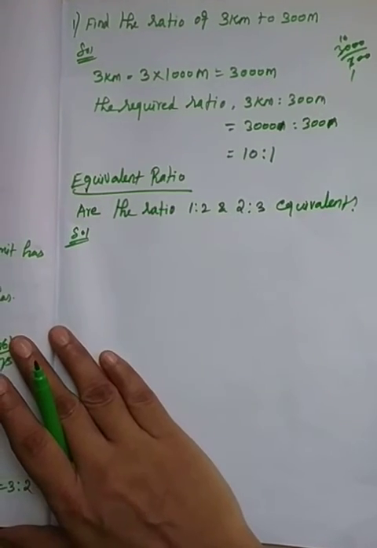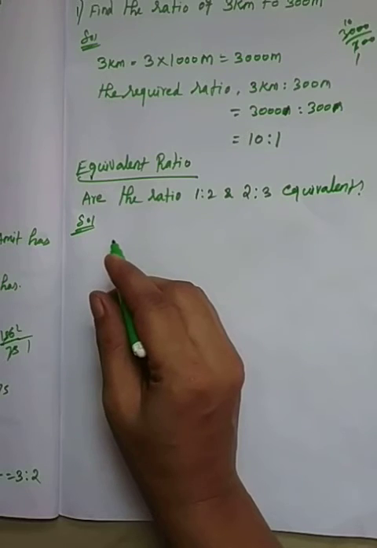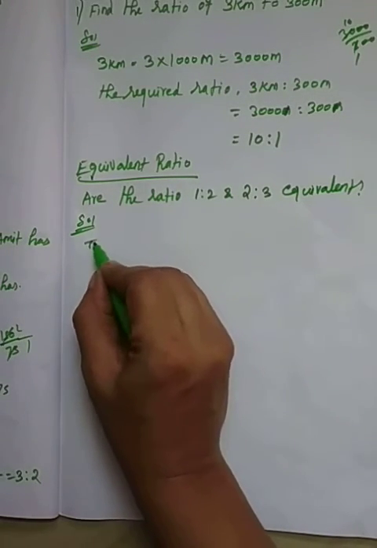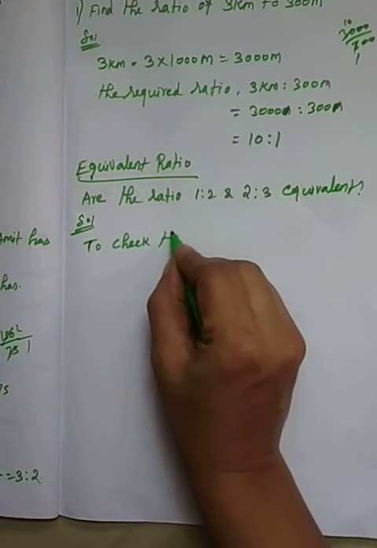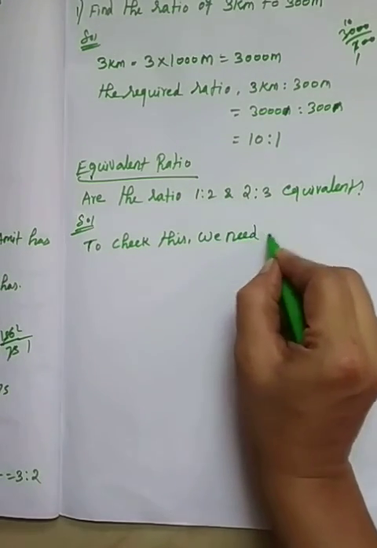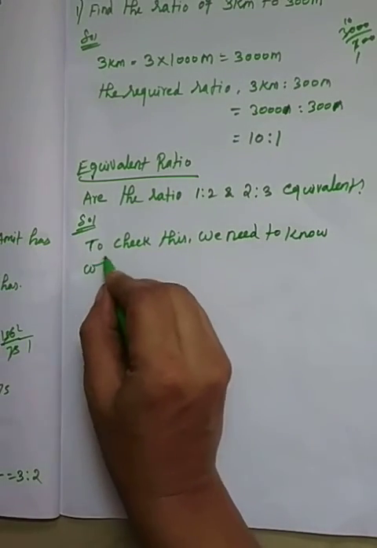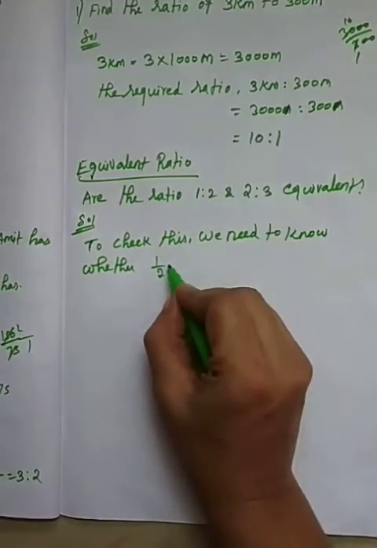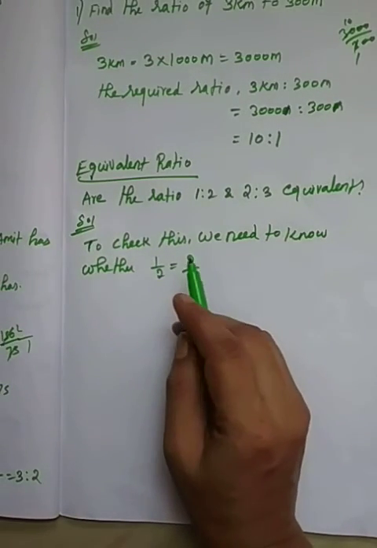To check this, we need to know whether 1 by 2 is equal to 2 by 3. You can check in this one.